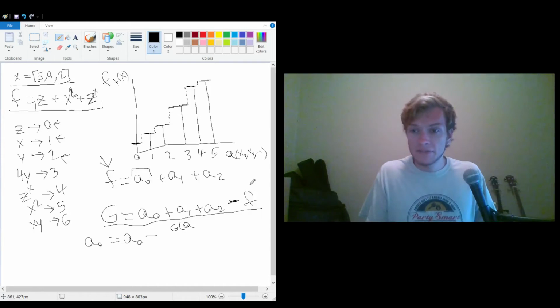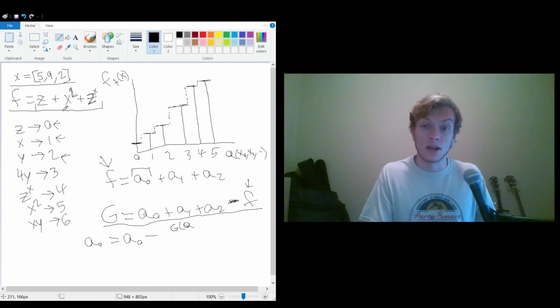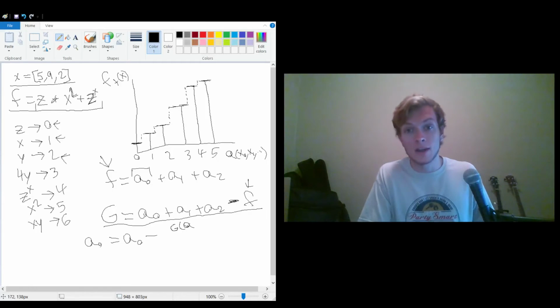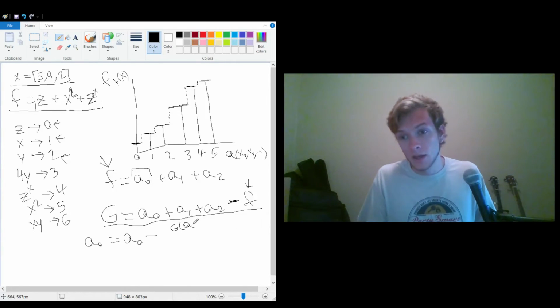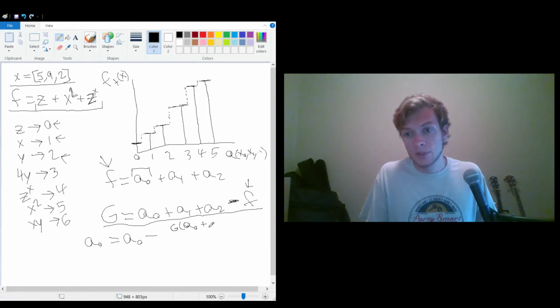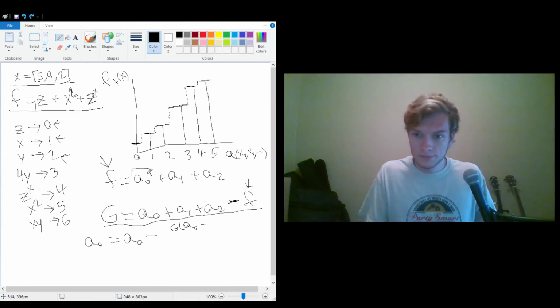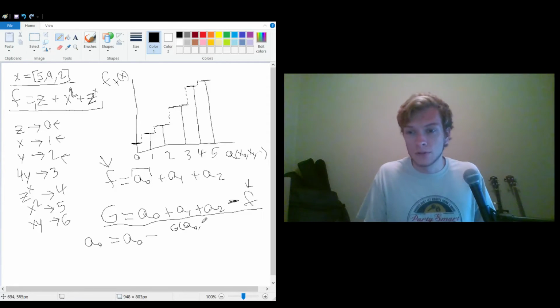So F is going to be constant because at this particular point it is a constant. Whenever you plug this point into our actual function, it's the same. But G of our A, I'm actually going to write it out. So A0 plus, oh, sorry. I'm a little messed up at the moment. A1 and A2.